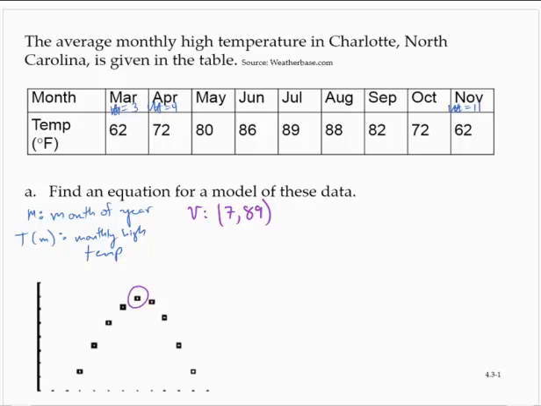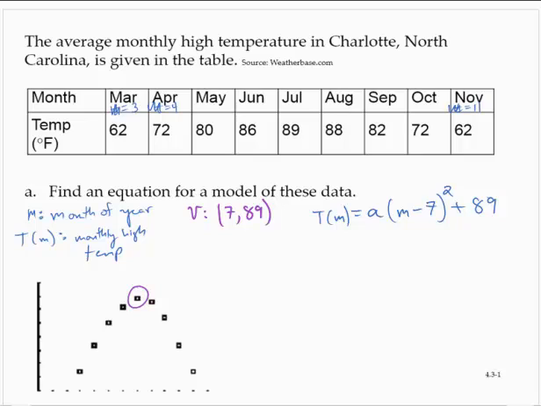So what I now know is I can write the model T of M would be A, I've got to figure out the value for A, and then we would have M minus 7 squared plus 89. Since the vertex is (7, 89), I can write M minus 7 squared plus 89.